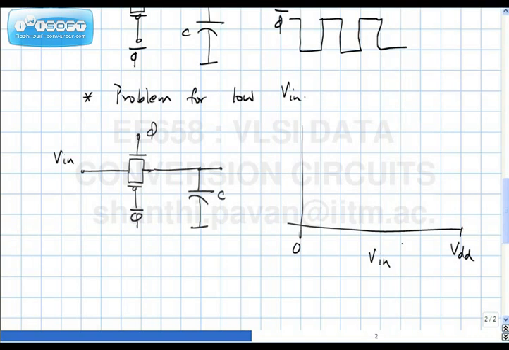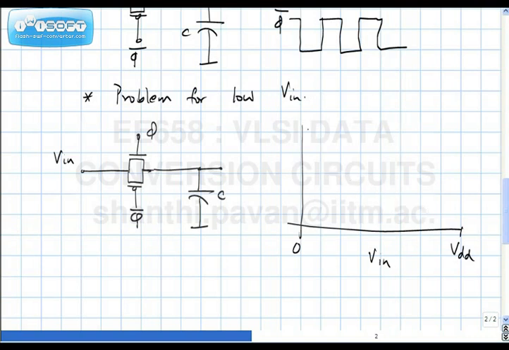Can you comment on the conductance of the NMOS transistor as the input varies from 0 to VDD? The conductance of the NMOS transistor keeps falling because the overdrive, VGS minus VT, is the largest when VGS is the largest, and that happens when the input is 0. So the conductance of the NMOS transistor does something like this.